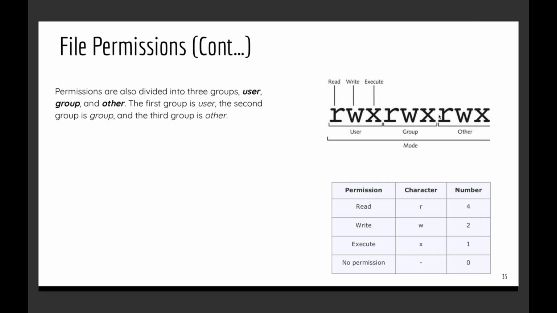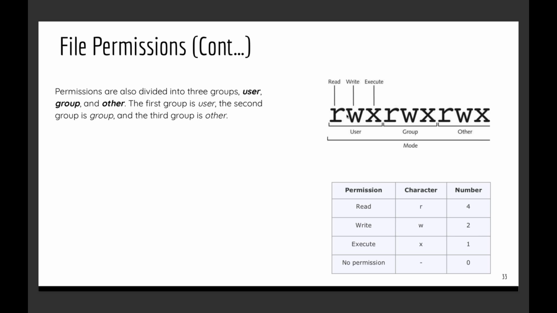And the last section, the third section, is others: those who are not in a group, and what kind of permissions they must have on a particular directory or file. So in total, how many rwx sets do we have? We have 9. 3 rwx, read, write, execute, on user, 3 on group equals 6, and 3 on others. So total 9.